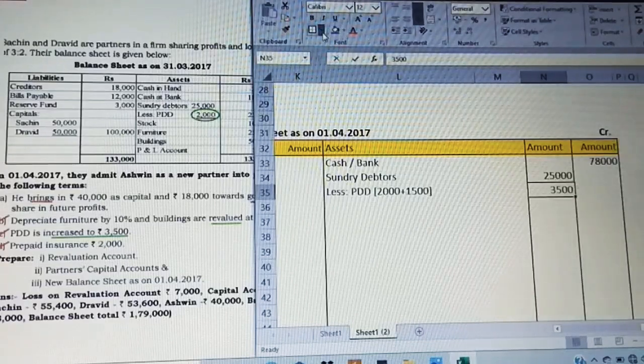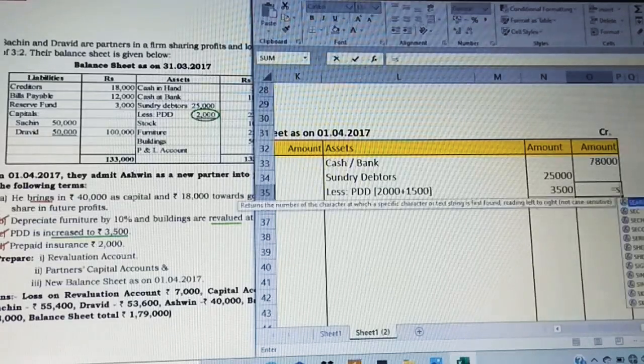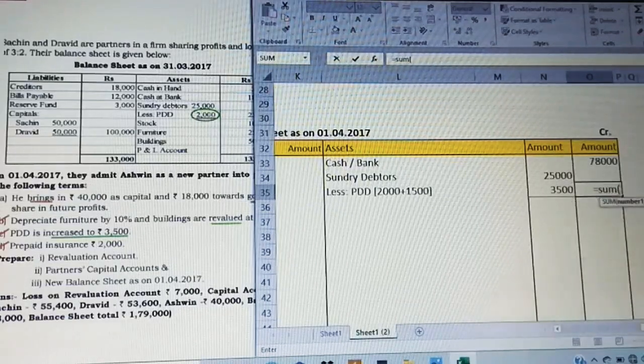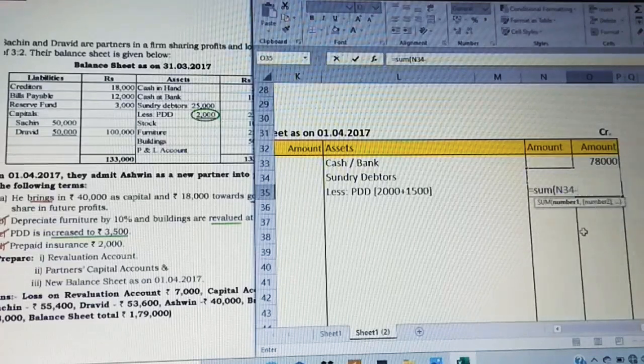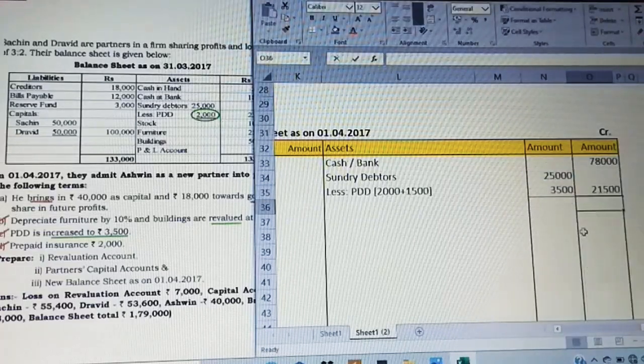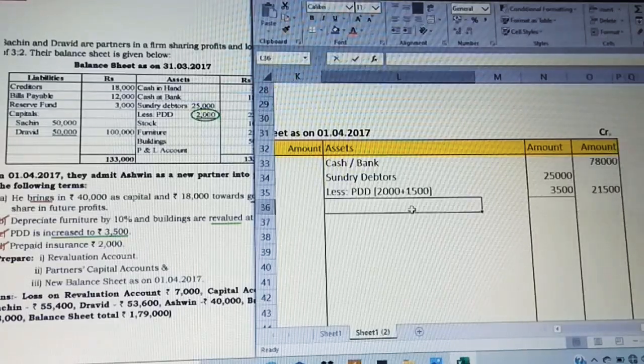After minusing it, what do we get? 25,000 minus 3,500, I get 21,500. So we are done with the sundry debtors item.